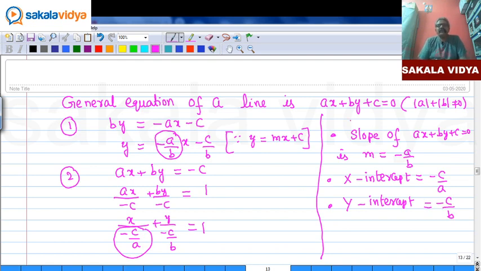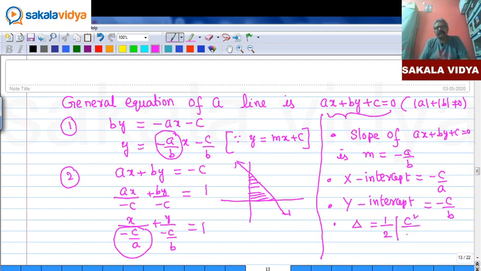And next, area of the triangle formed by this line with the coordinate axis. For example, this area of the triangle formed by this line with the coordinate axis is given by delta is equal to half mod c square by ab.